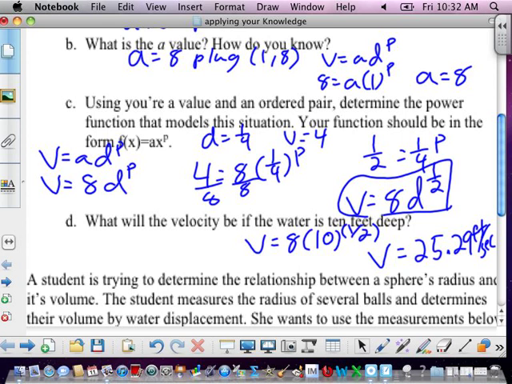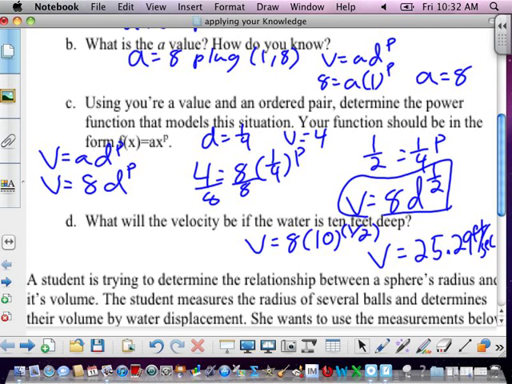Number 4. 2 oil tankers crash in the Pacific Ocean. The spreading oil slick has a circular shape, and the radius of the circle is increasing at 200 meters per hour. So what do you think the kind of power function this is going to be? Is it going to be increasing, decreasing, or can it never be 0?